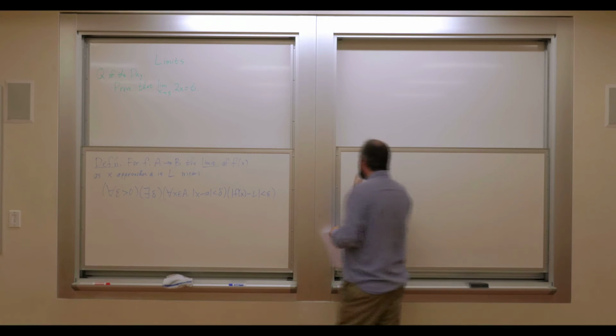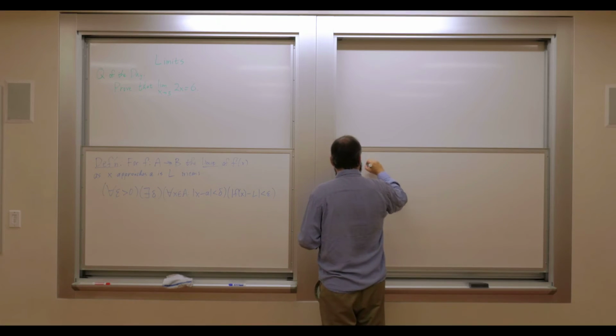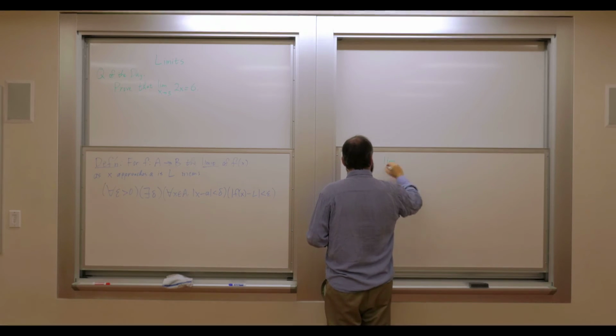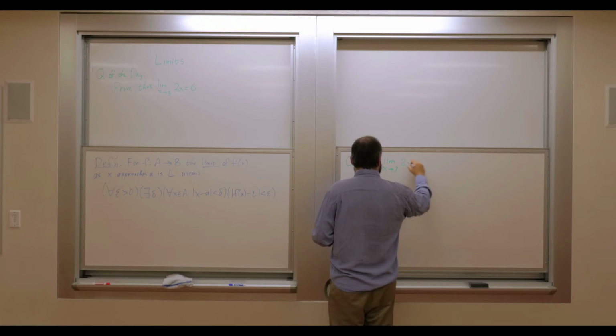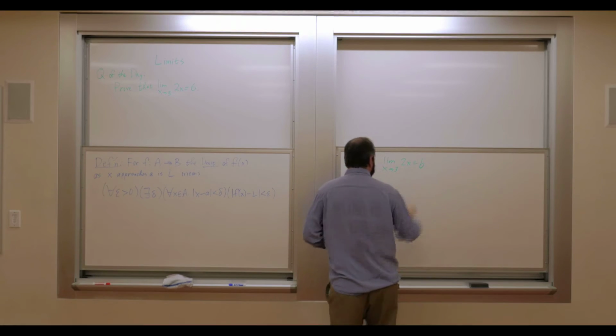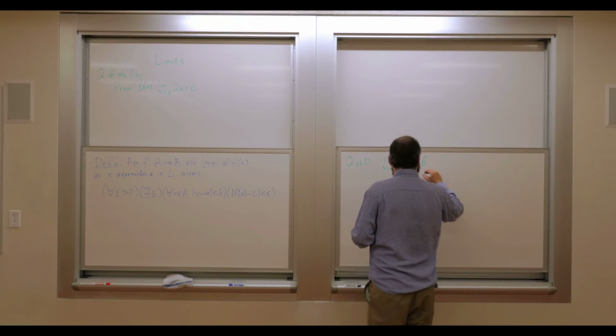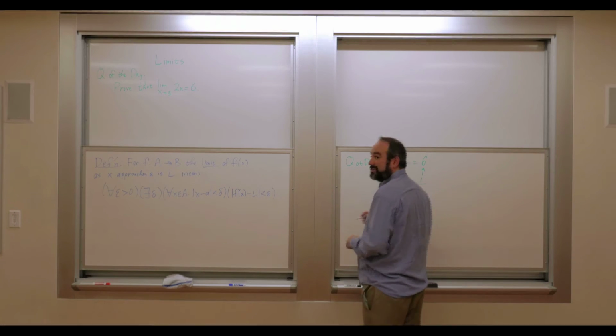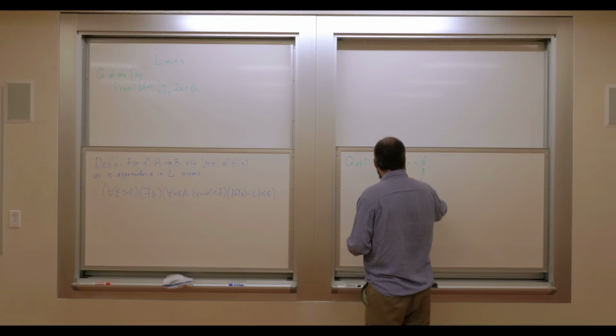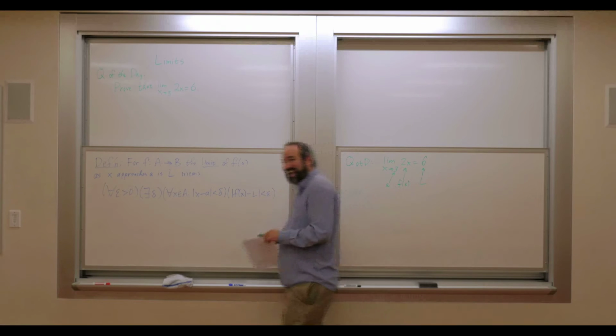So, in the question of the day, I have the limit as x approaches 3 of 2x equals 6. So that 6 is my L, 2x is my f of x, and 3 is my a.